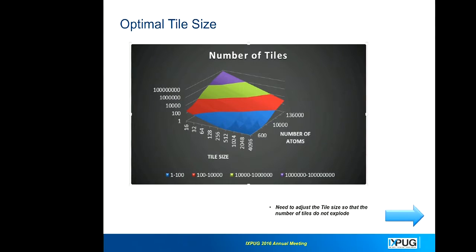Even though ideally tiles should have a size such that everything fits into the L2 cache, for larger workloads it does not work that way. So it is not strictly a cache blocking implementation when the number of atoms increases beyond 100,000.